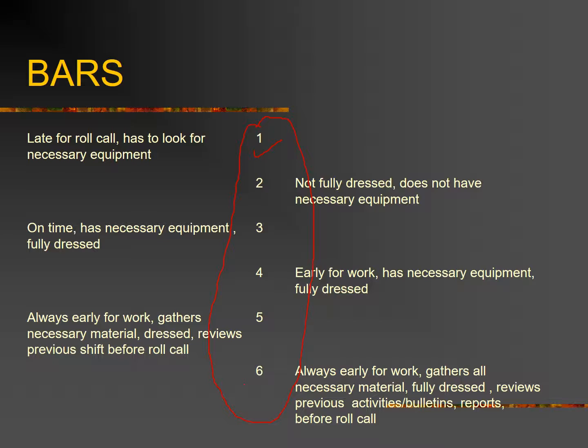If you are scoring a 6, then we would say that the behaviors that we have seen you do are that you are always early for work, gathering all your necessary material, fully dressed, reviewing previous activities, and reporting before roll call.